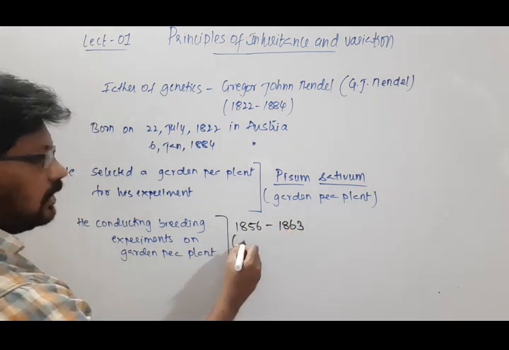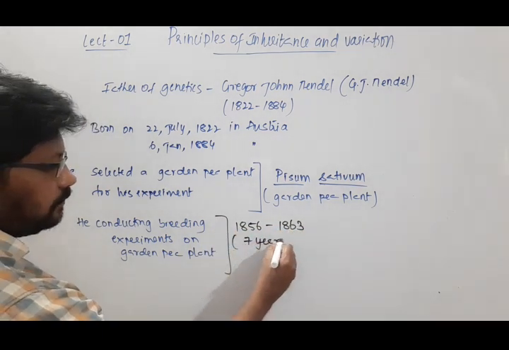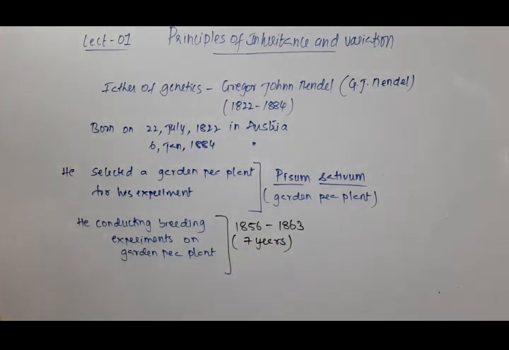So for 7 years he was doing experiments on this garden pea plant, and after completing his experiments he wrote a paper titled Experiments on Plant Hybridization.